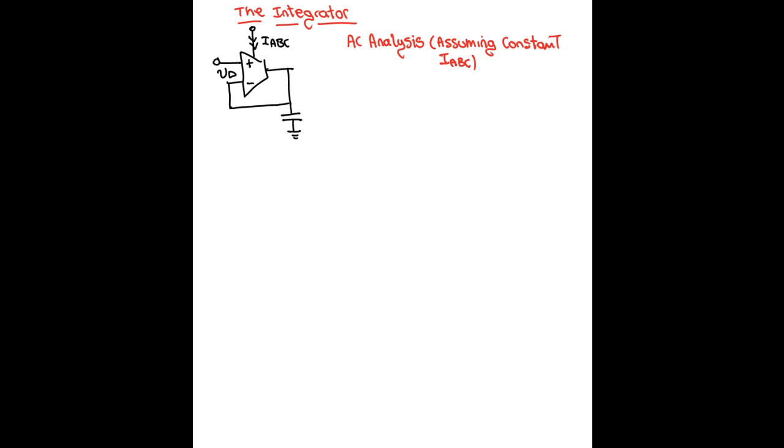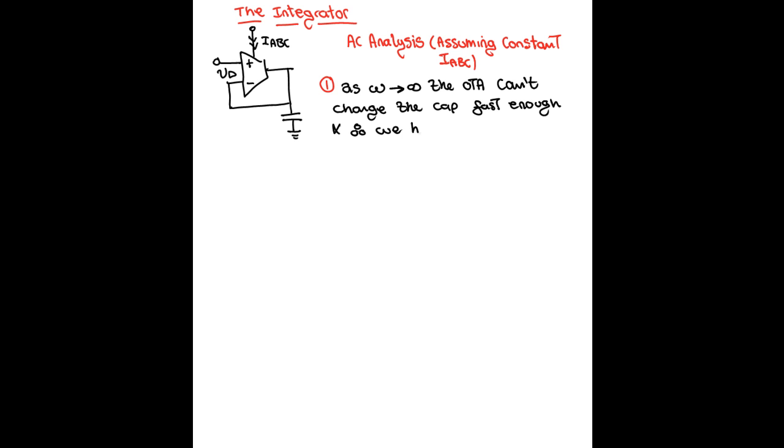So first, as omega goes to infinity, the OTA can charge the capacitor fast enough, and therefore we have a short to the output from V out.